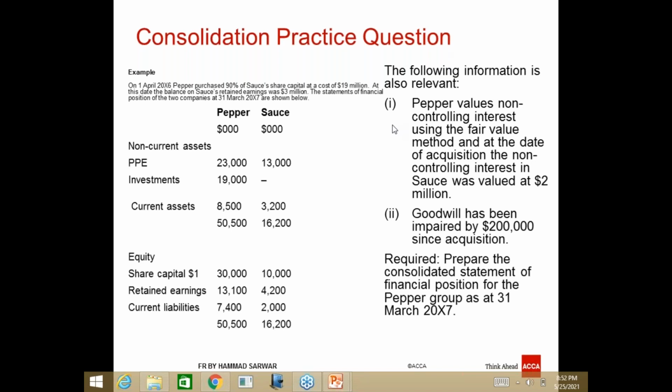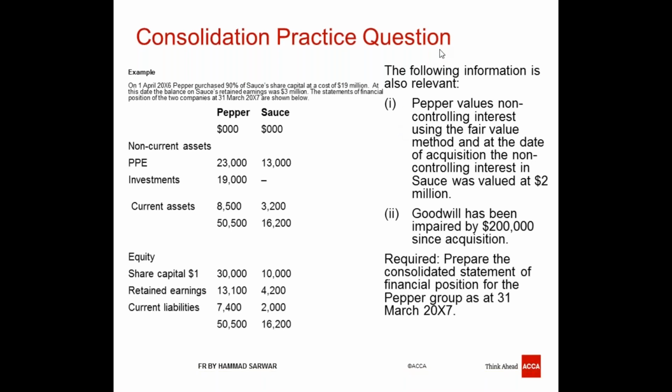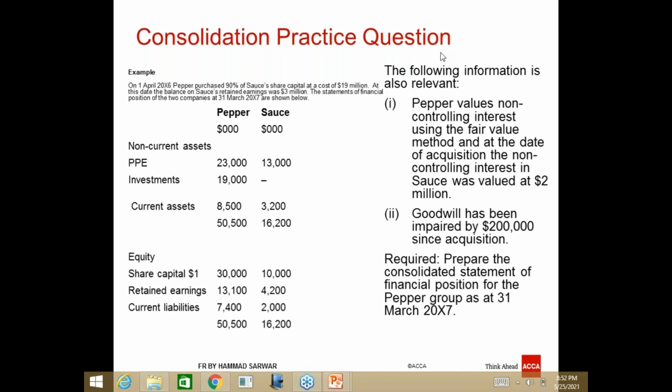Okay, let's solve this question. What will change in the calculation treatment from the previous question, if the asset was of the subsidiary and acquired mid-year?